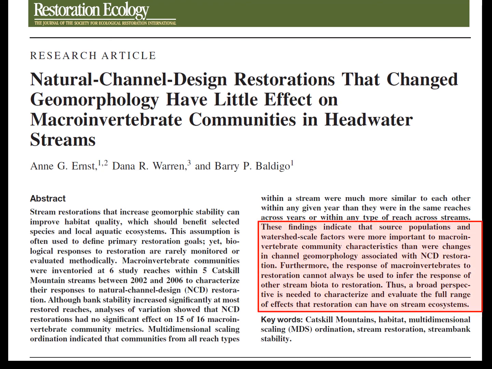As we've discussed, watershed scale factors are really the things that drive degradation of streams, and invertebrates are the ones that are going to be affected the most by sediment deposition, those kinds of things. So it looks like the macroinvertebrates were not responding in the same way that the fishes were.